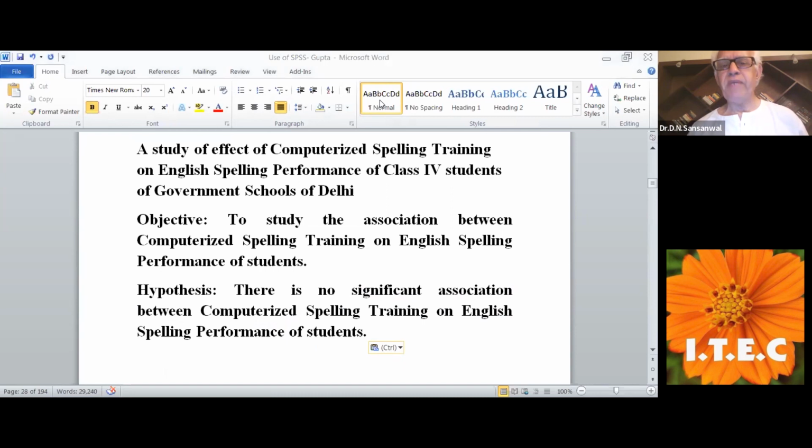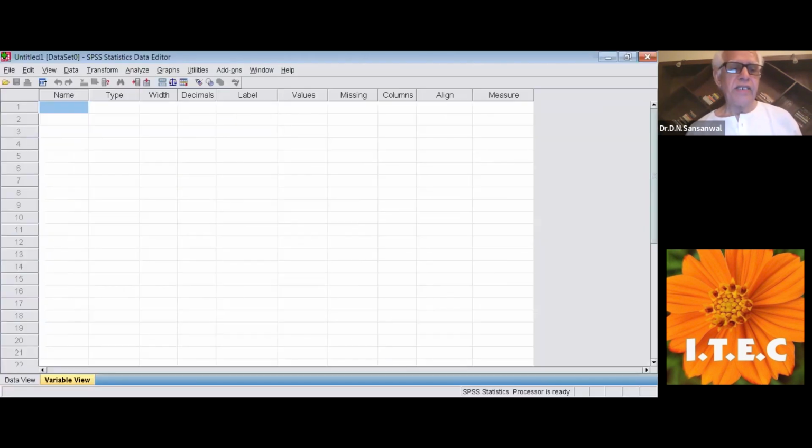We go to the SPSS. This is my SPSS. So let us have the variable. Now here I will have the variable, I can call it computerized training or training, that I am having the 3.